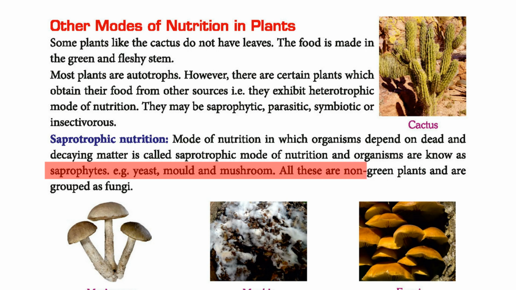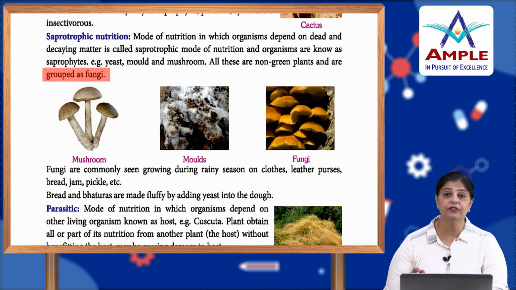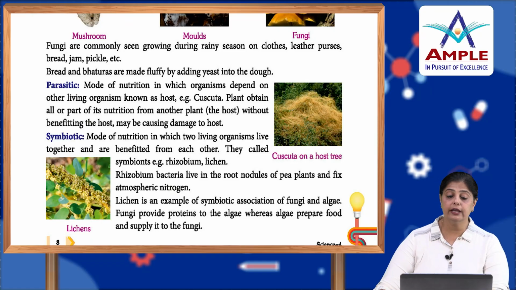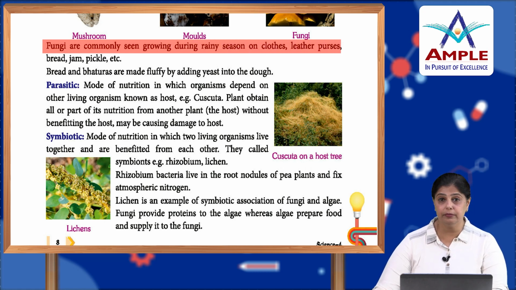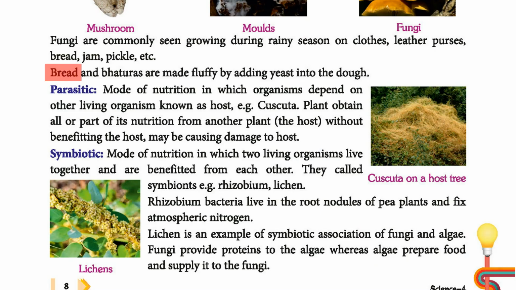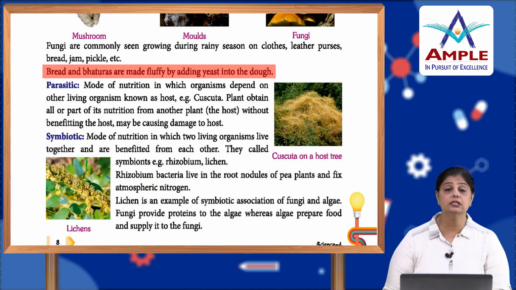All these are considered non-green plants and are grouped as fungi. Fungi are commonly seen growing during the rainy season on clothes, leather purses or any other leather item, bread, jam, pickle, etc. Bread and bhaturas are made fluffy by adding yeast to the dough. So, this is a saprotrophic mode of nutrition.